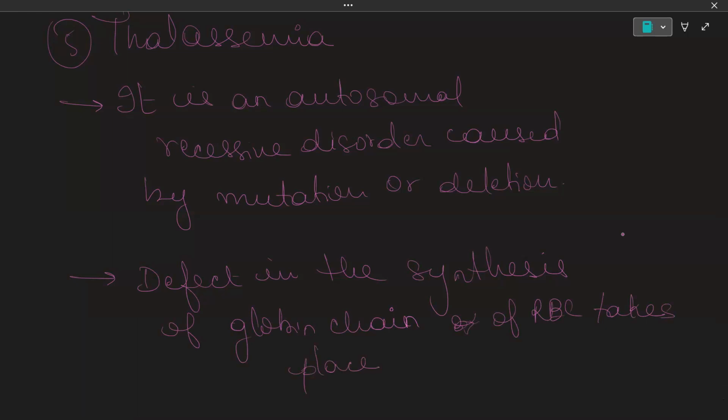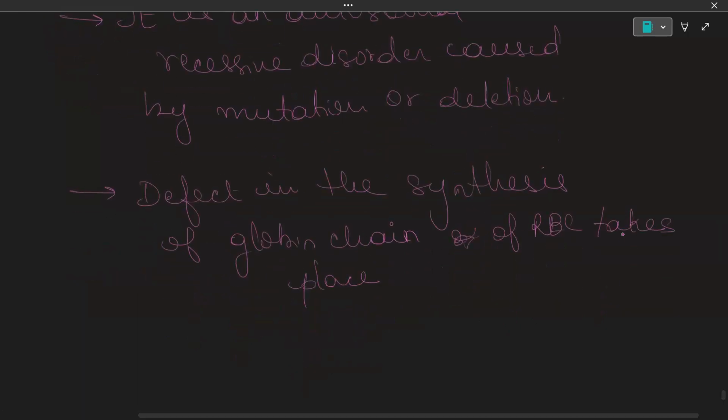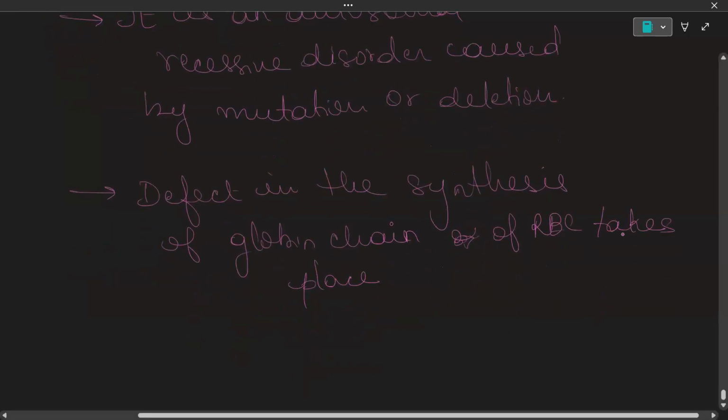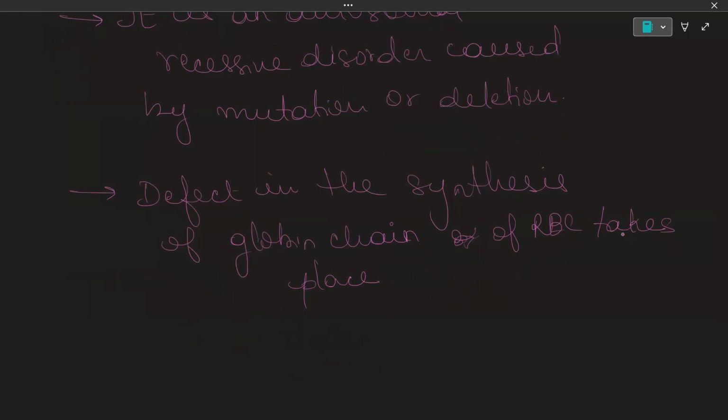Now, always remember that RBC has two chains, right? One is alpha and one is beta globin. So when alpha globin is affected, that is alpha thalassemia. When beta is affected, that is beta thalassemia. Meaning here, ultimately what is happening? Abnormal hemoglobin is being formed.